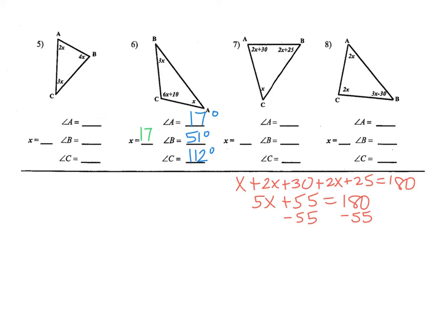And 180 minus 55 is going to give us 125. Okay, I'm going to divide by 5. 125 divided by 5 is going to give us 25. So x equals 25.